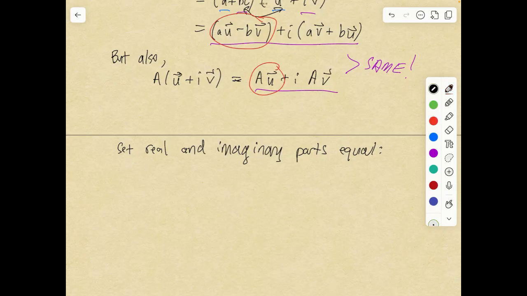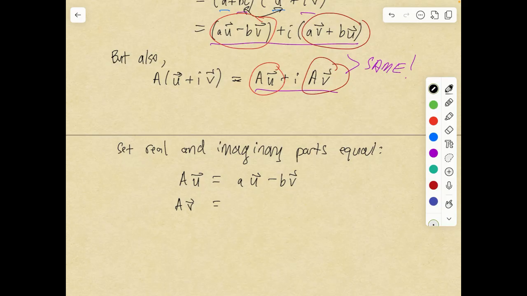So we're going to get Au equals au minus bv. Now you look at the imaginary parts, it's Av and av plus bu. So capital A v equals little a v plus bu. Let's write it as bu plus av. So now we have these two equations, which we know are true.